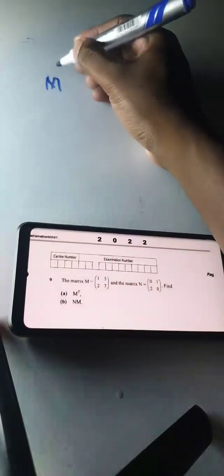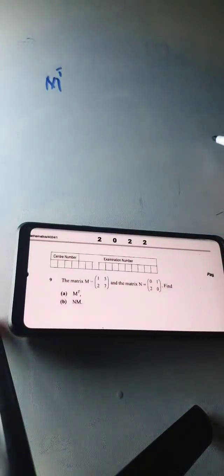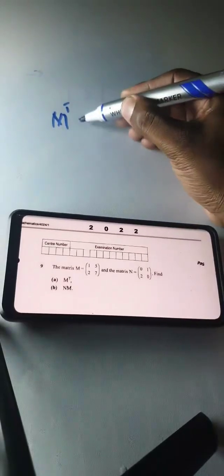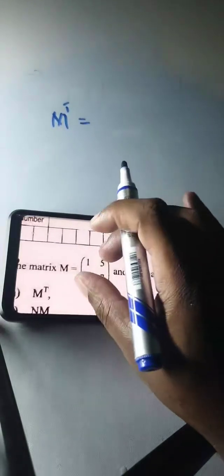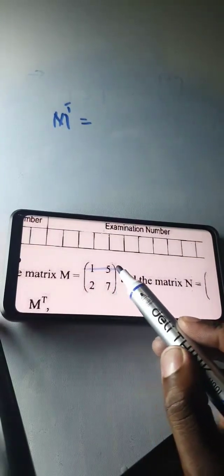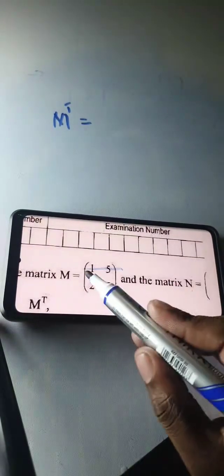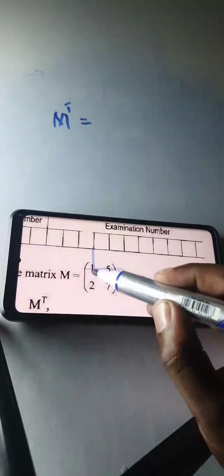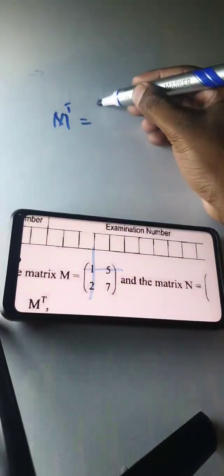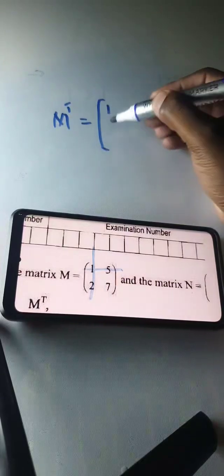The transpose of matrix M. So how do we transpose matrix M? Matrix M is this one. It has the first row, which is 1, 5. So the first row becomes the first column. It was 1, 5 like this, and it becomes 1, 5 like that.